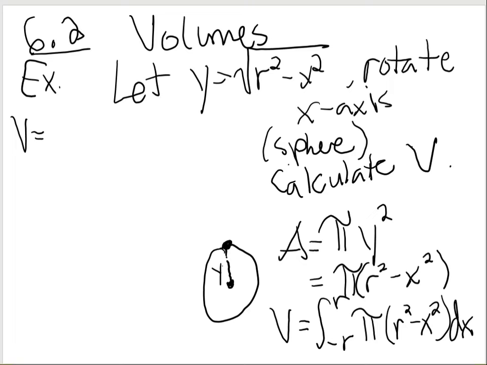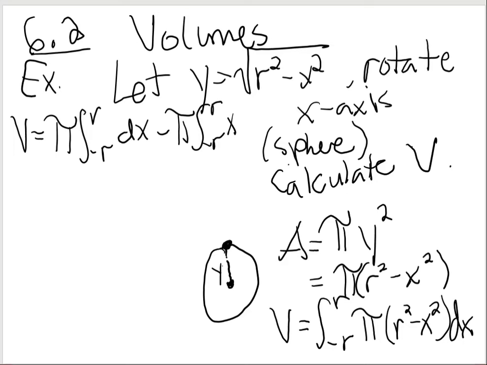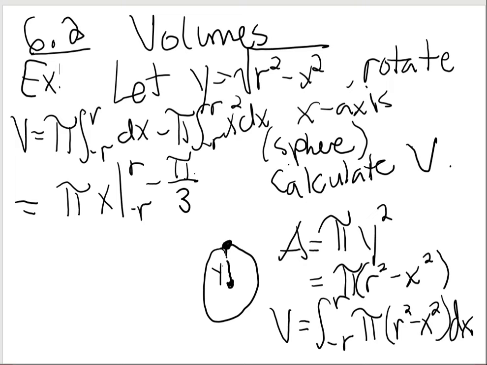So our volume is pi times the integral from negative r to r of dx, minus pi times the integral from negative r to r of x squared dx, or pi x from negative r to r, minus pi over 3 x cubed from negative r to r.